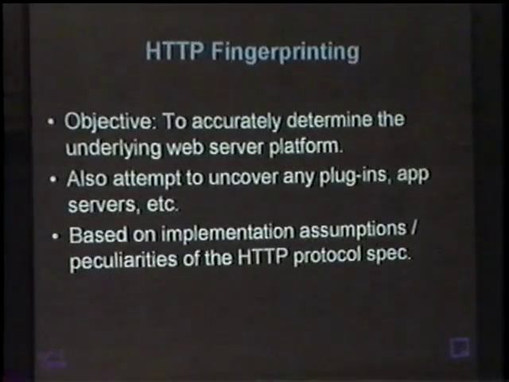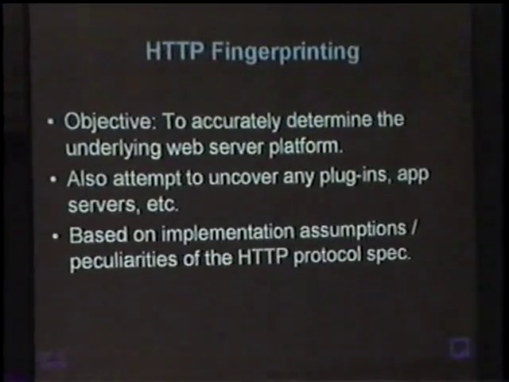So now what I'm going to talk to you about is HTTP fingerprinting. The objective of HTTP fingerprinting is to accurately determine the underlying web server platform, independent of any banner strings or any response codes whatsoever. We can also take it further in an attempt to uncover any plugins or application servers that might be fitted into the front-end web server.